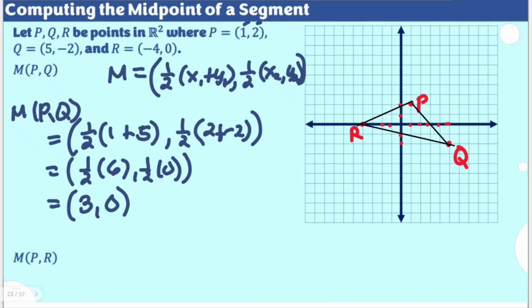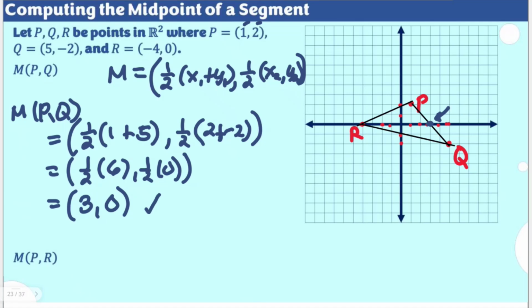Finding that here, so I hope that if my graph is approximately correct, this is the midpoint of P and Q. So it's really on the x-axis. By visual representation, it's almost correct, and that's satisfying to have.